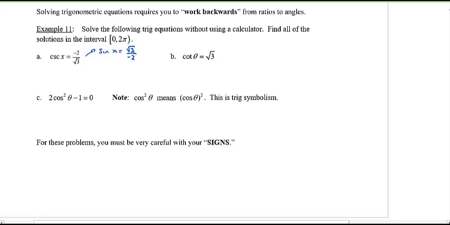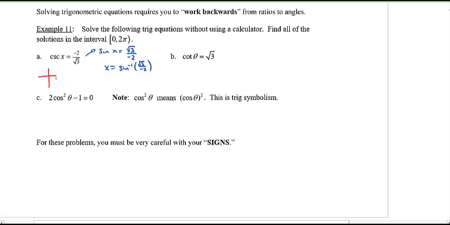And if you think about that, how do I solve? You have to do the inverse sine. And remember, we have no calculator right now, so you have to think to yourself, what angle gives me this ratio, negative root 3 over 2? I can visualize, and I hope you can too, sine is defined as y over r.